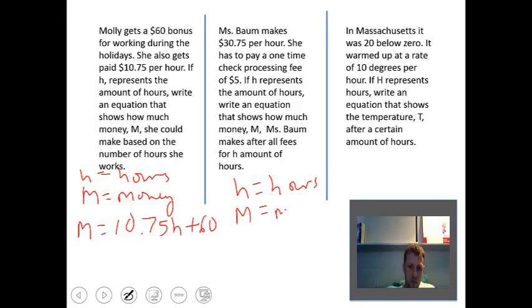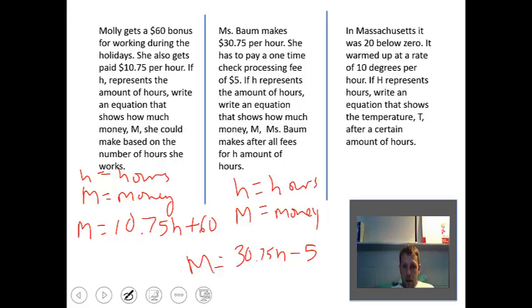Okay, so M represents money. Is there something in the story that constantly happens? Well, Miss Baum makes $30.75 per hour. And she has to pay $5. Would that be a -5 or a +5? Well, it would be -5 because she owes that much money. Which makes it, let's see, that's the total amount of money.